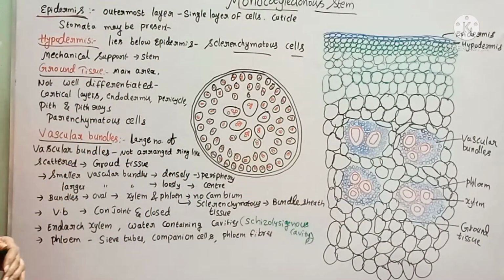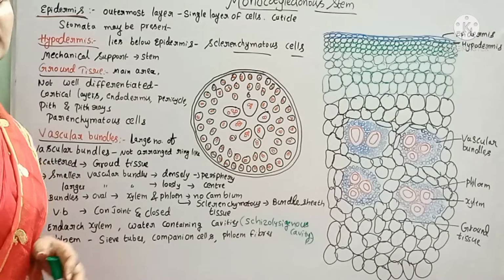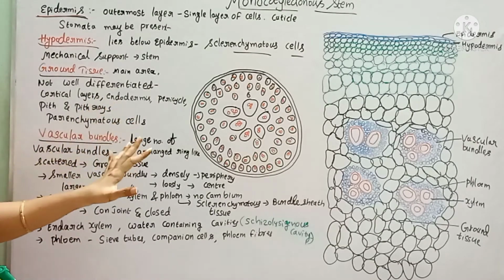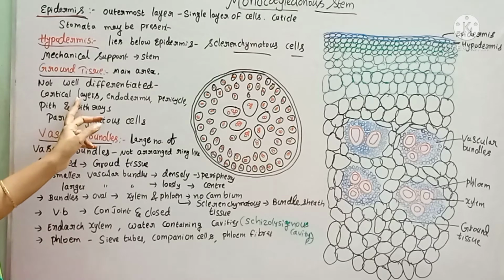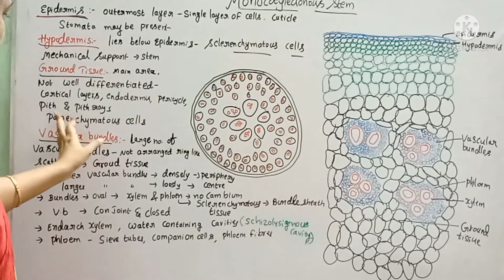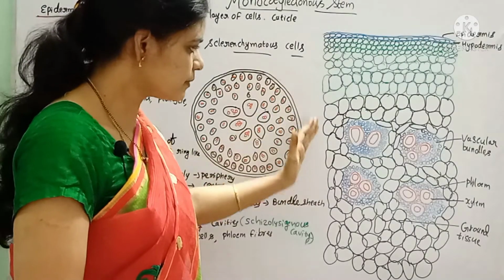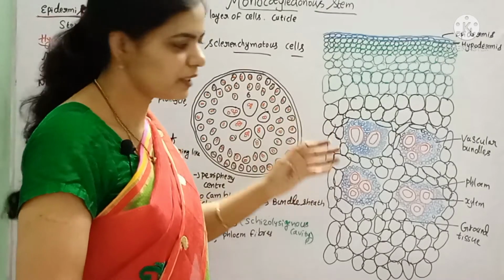In the dicot stem, there were well differentiated cortical layers, endodermis, and inside it the pericycle and pith. But here all of them are absent.